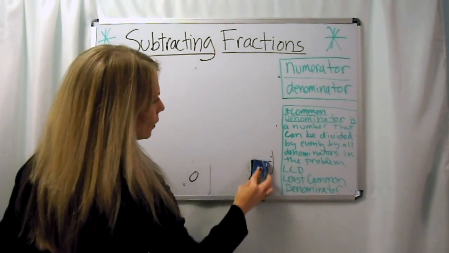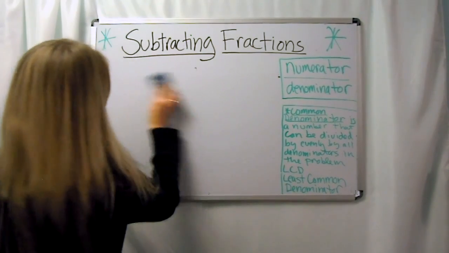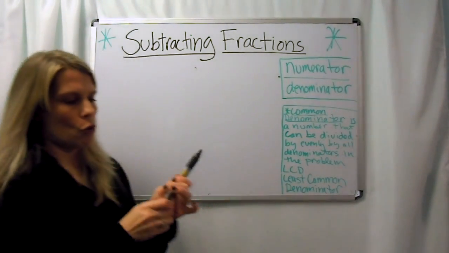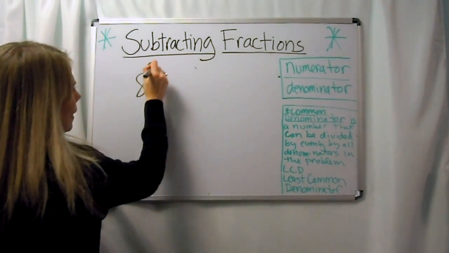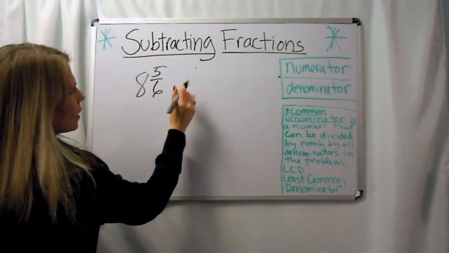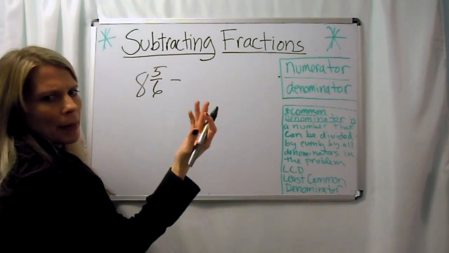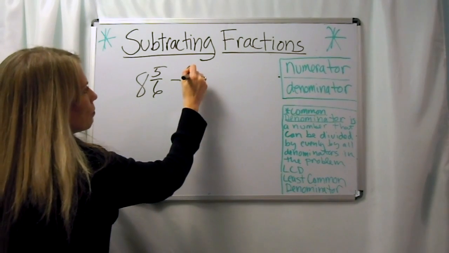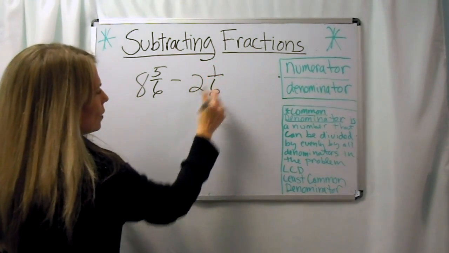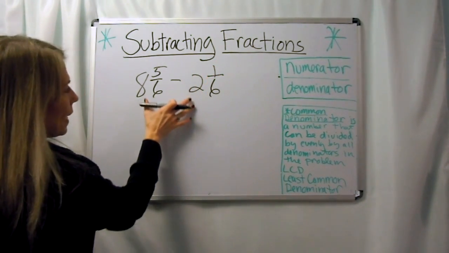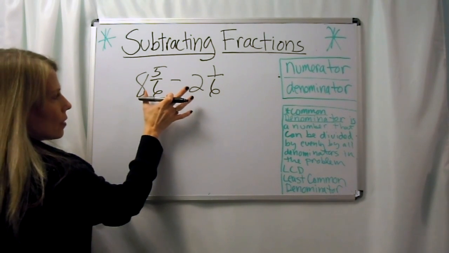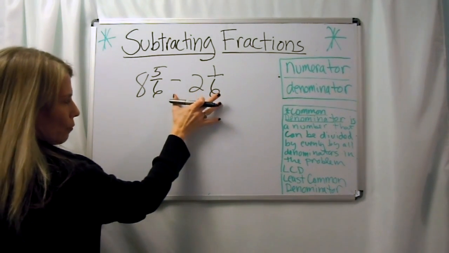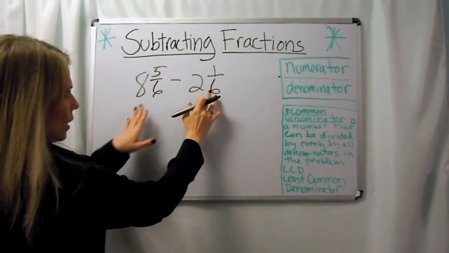All right, let's try one with a mixed number. Let's try 8 and 5/6 minus 2 and 1/6. This is pretty straightforward. Again, we're just going to treat the whole numbers separately from the fractions. Let's take a look at our fractions.